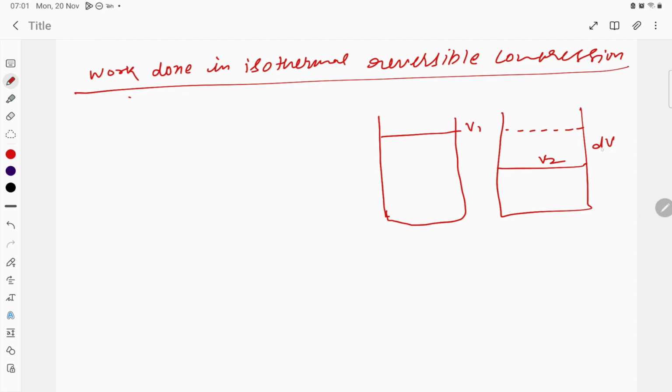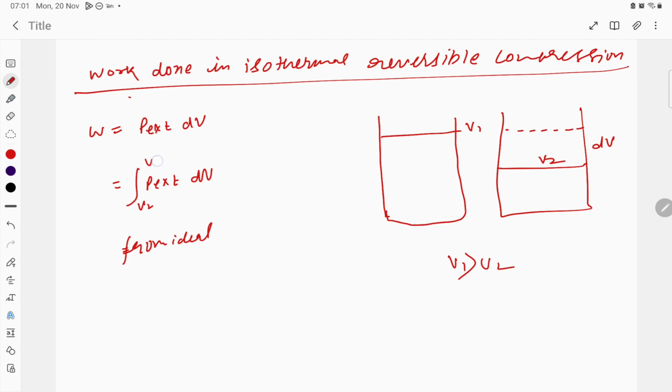This is the dV. So volume here, if you see, V1 is greater than V2. So W is equal to P external positive dV. We are going to integrate P external dV, with lower limit V2 and upper limit V1.